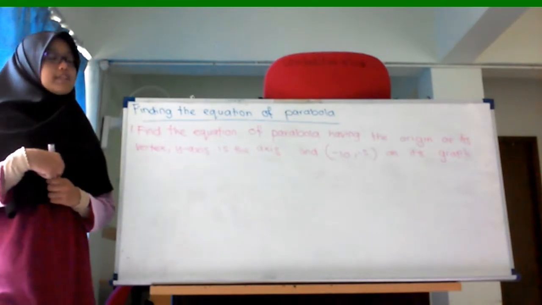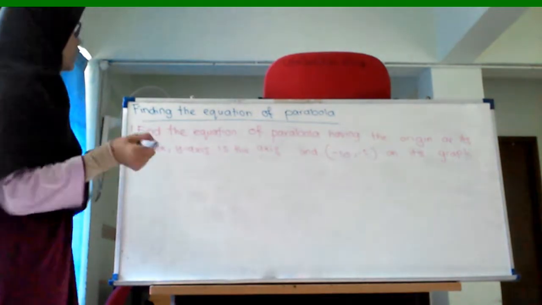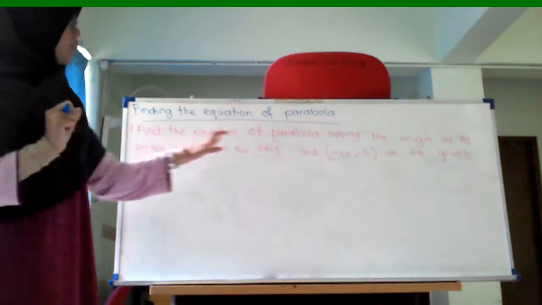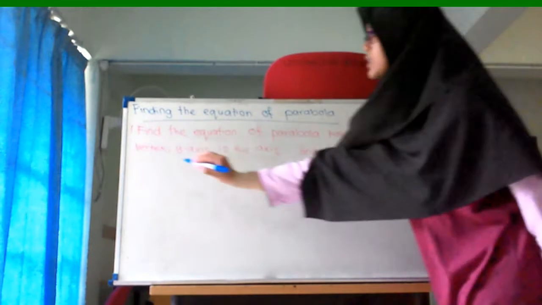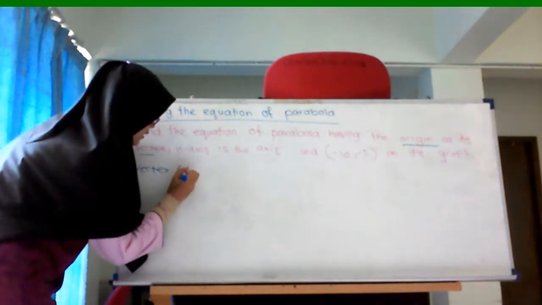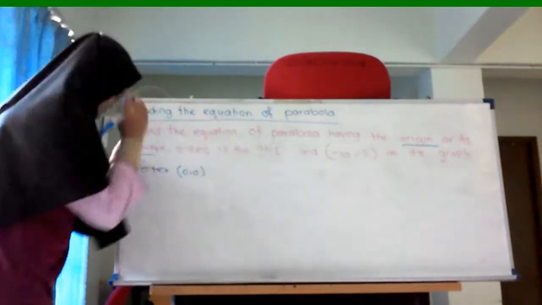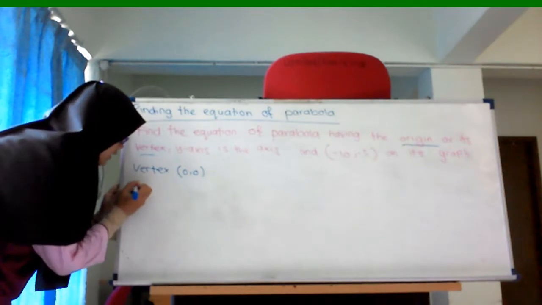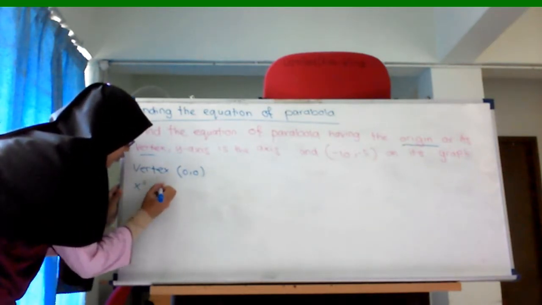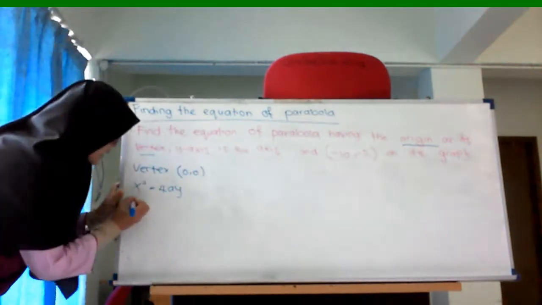The origin is at its vertex, which means the vertex is at 0, 0, and the y-axis is the axis, so the standard equation is x squared equal to 4ay, and there is the point negative 10, negative 1 on the graph.